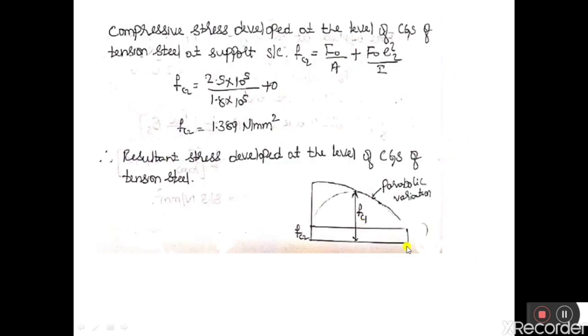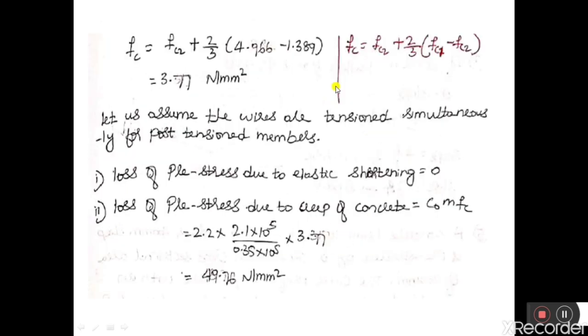Fc1 is the full depth you can see here, and already we have taken this depth as Fc2. Therefore the remaining portion is Fc1 minus this depth. So Fc is equal to Fc2 plus 2 by 3 into Fc1 minus Fc2.